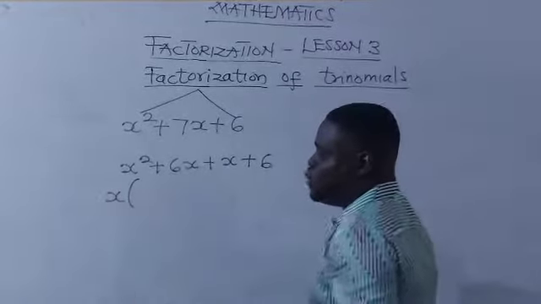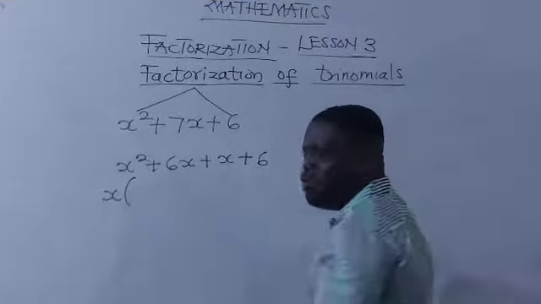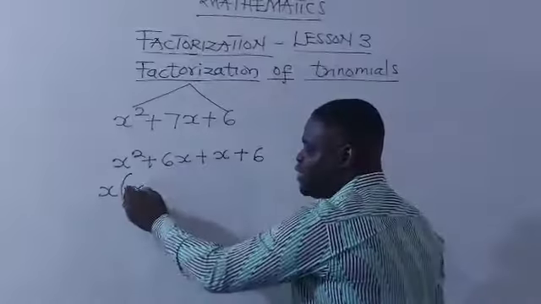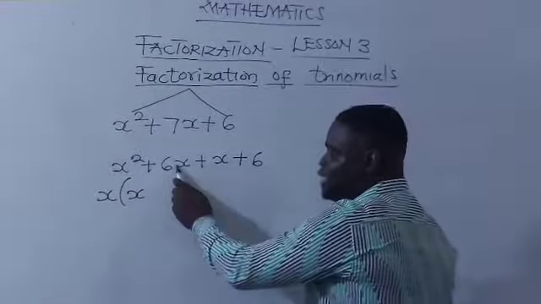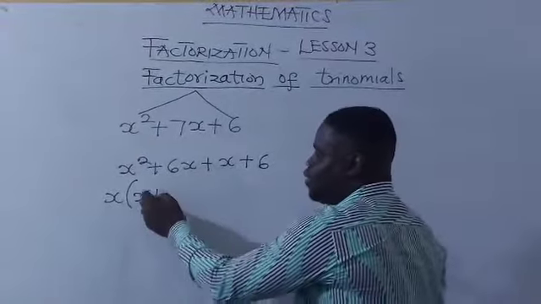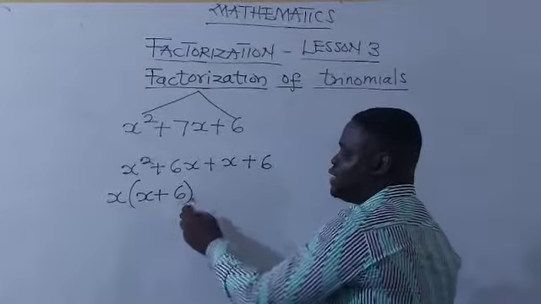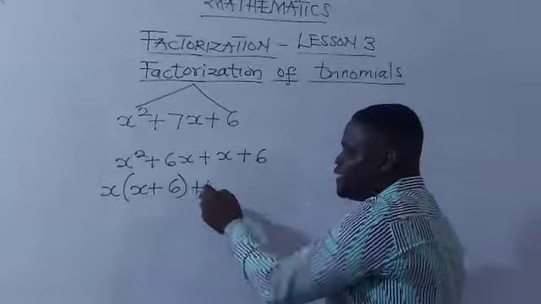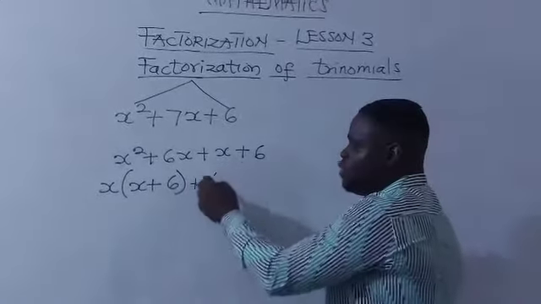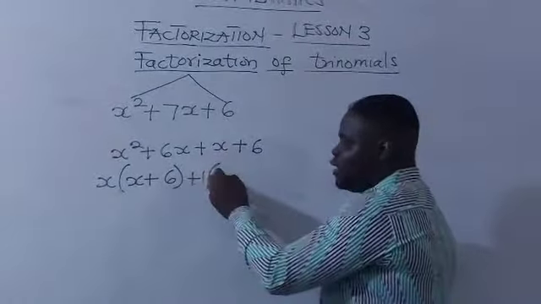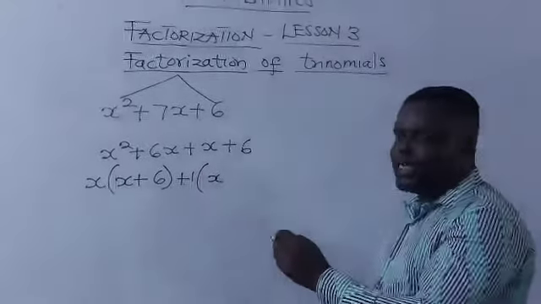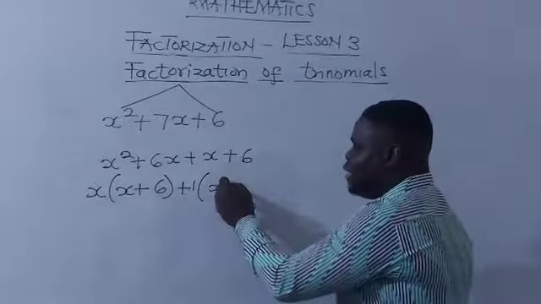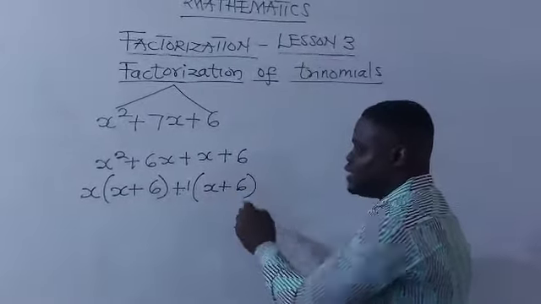Don't forget, we are supposed to divide each term by the common factor. x squared divided by x produces a result of x. 6x divided by x will produce a result of 6. x and 6 has plus 1 in common. We divide x by 1, produces the same result x. Divide 6 by 1, produces the result 6.